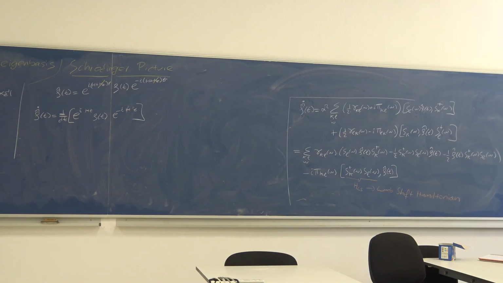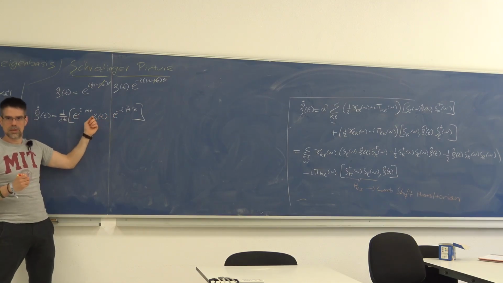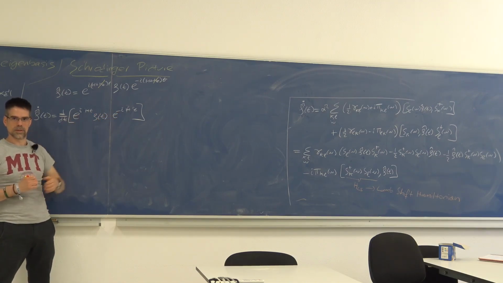How do we take derivatives here? We have three terms, so it's the derivative of this times the other two, plus the derivative of this times the other two, plus the derivative of this. Okay?